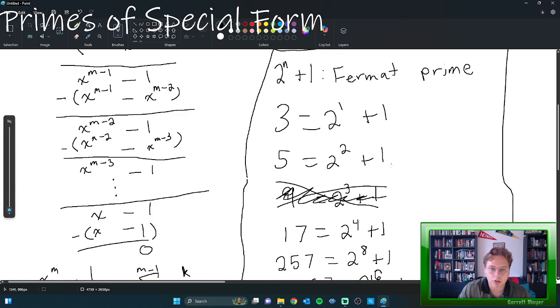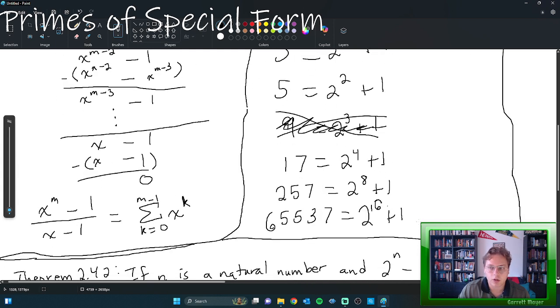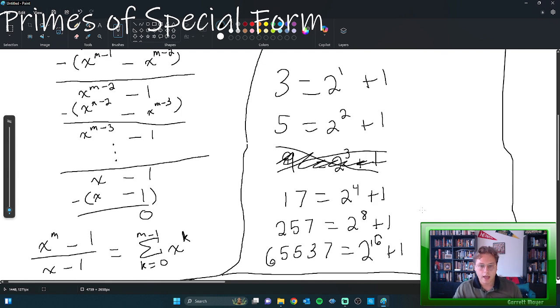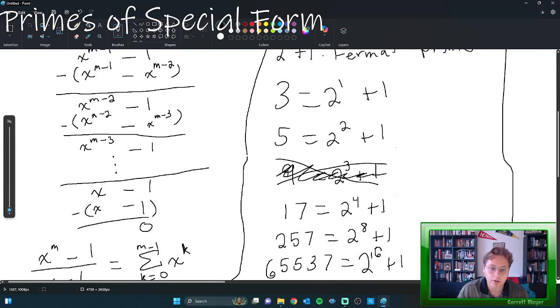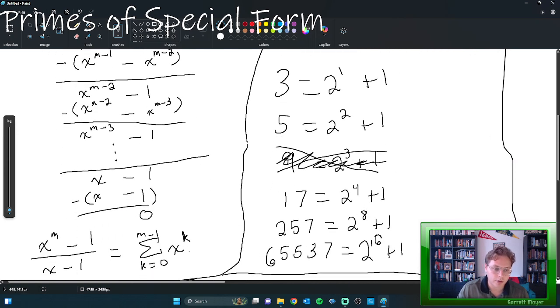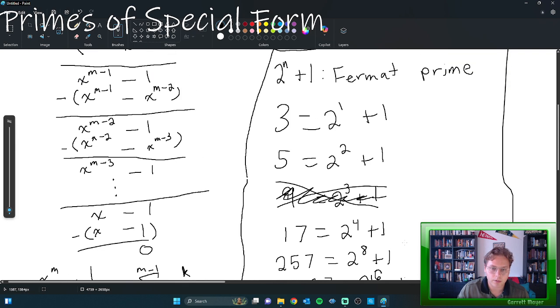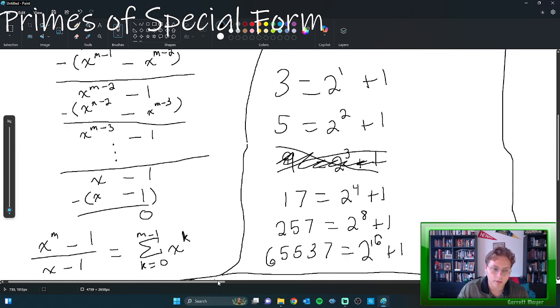So like 1, 2, 4, 8, 16, 32 could be another example, and continue on. We'll see what happens when you go past 16 later on, but the general thing that Fermat noticed when he discovered these primes is that when you take 2 to powers of 2 and add 1, that's when you produce these primes.